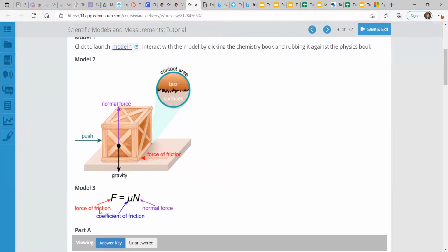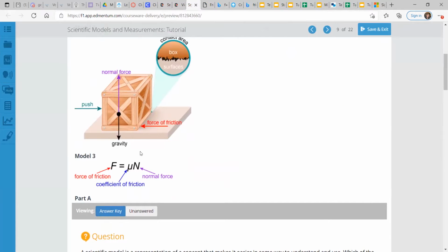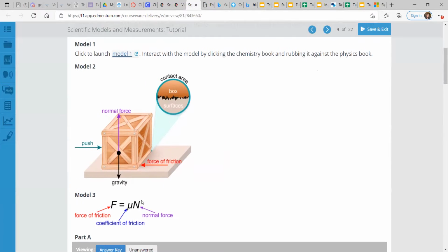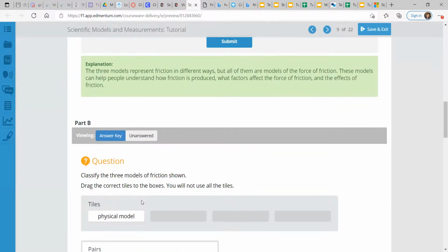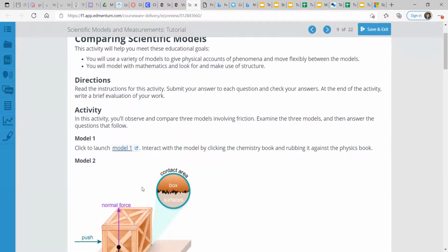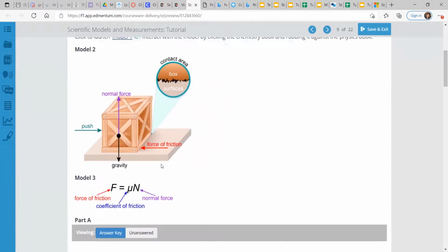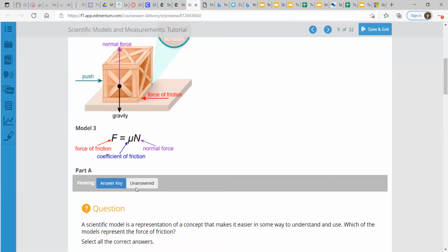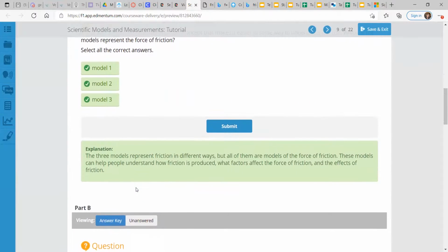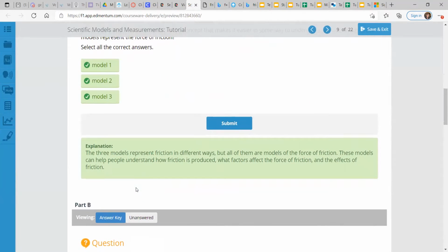And then model 3 is a mathematical equation, and they all work together to give you a better view of what we're doing. And they are all different. So simulation, a picture, and then a mathematical equation. But they can help people understand different aspects of a phenomenon.